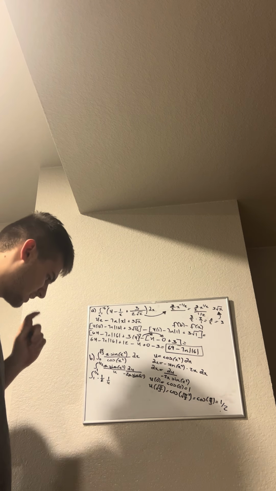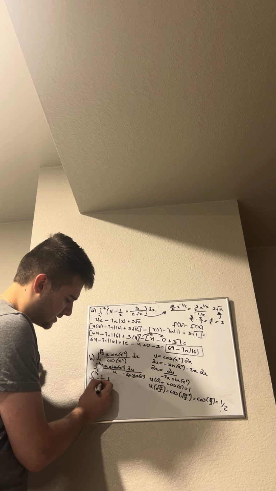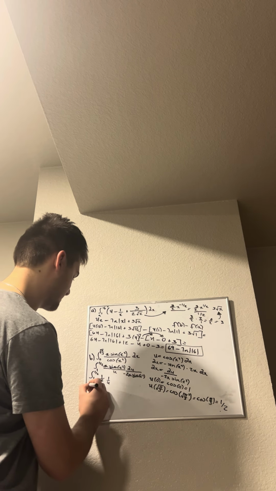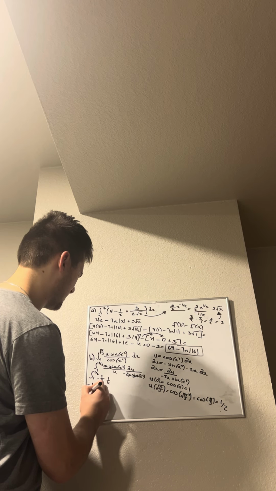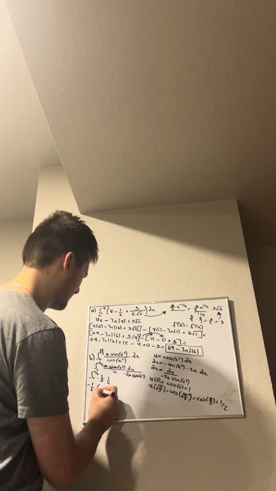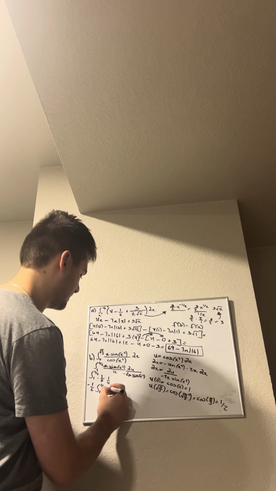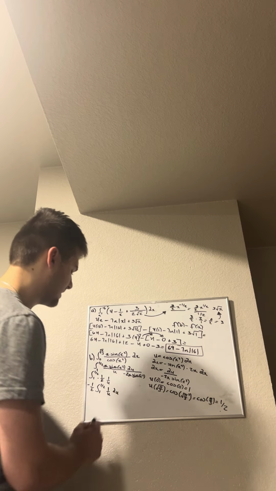So what should we do over here? In this case, we can just take this negative 1/2 outside of the integral because it's a constant. So we'll just do negative 1/2, and then the integral from 1 to 1/2 of 1 over u du, just like that.